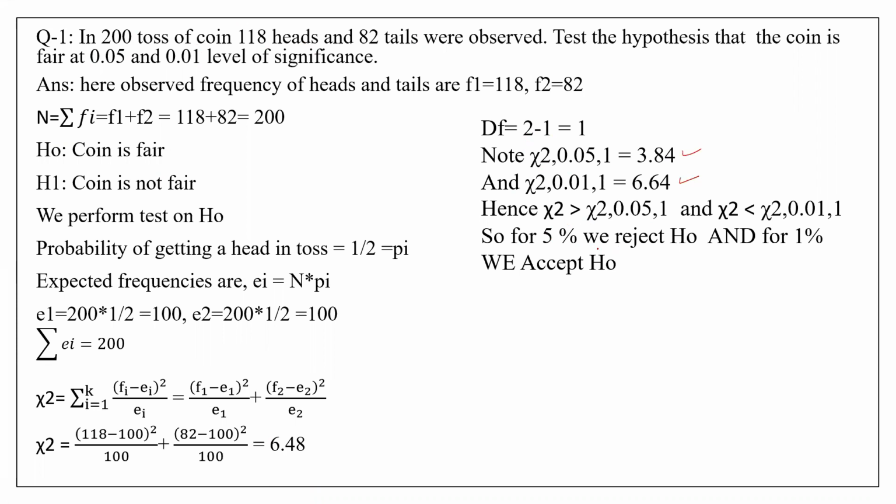You can see for 5% we have rejected the hypothesis and for 1% we accept the hypothesis. So for 5% you are telling that your coin is unfair with 95% confidence, and with 99% confidence you are telling that your coin is fair. So overall I will claim that your coin is fair.